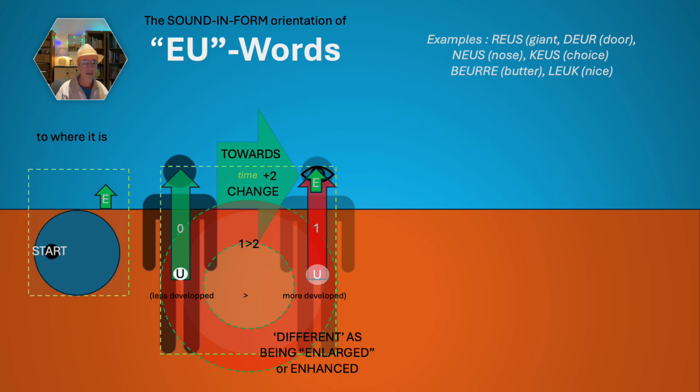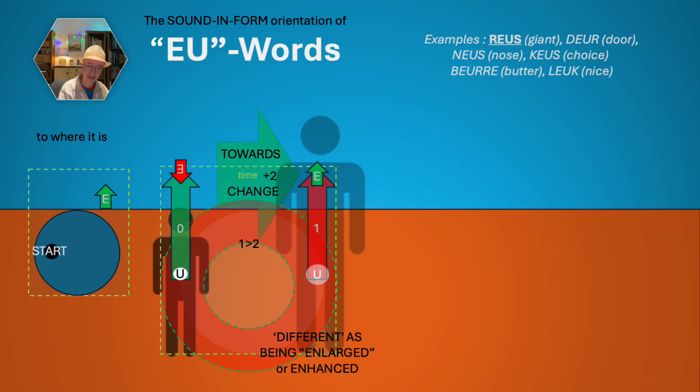So you have already here that aspect of the fixed world of U in this circle, but you also have it enhanced towards what is larger. So what is that point which is larger? We focus with the E on what is different, what has been enlarged, what has been enhanced. And of course, that's the comparison.